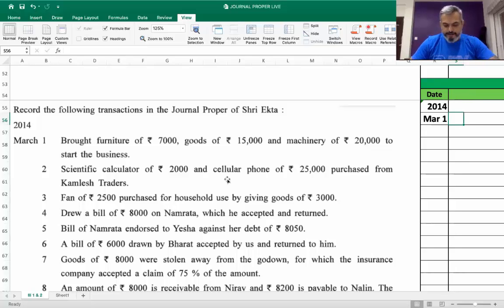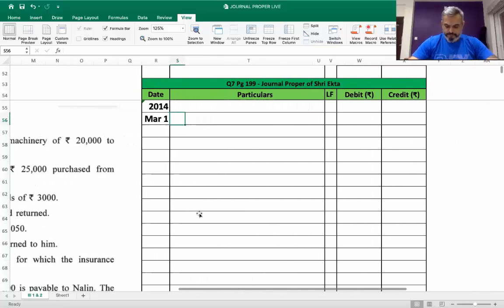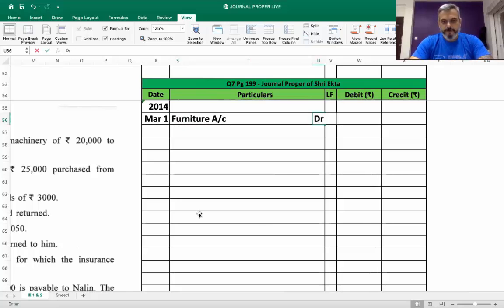So let's write the entry. Furniture account debit, amount is 7,000.